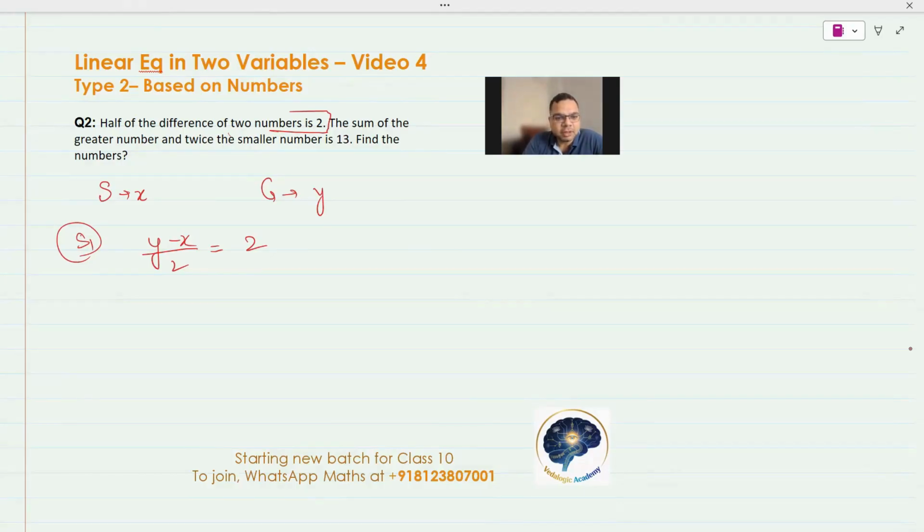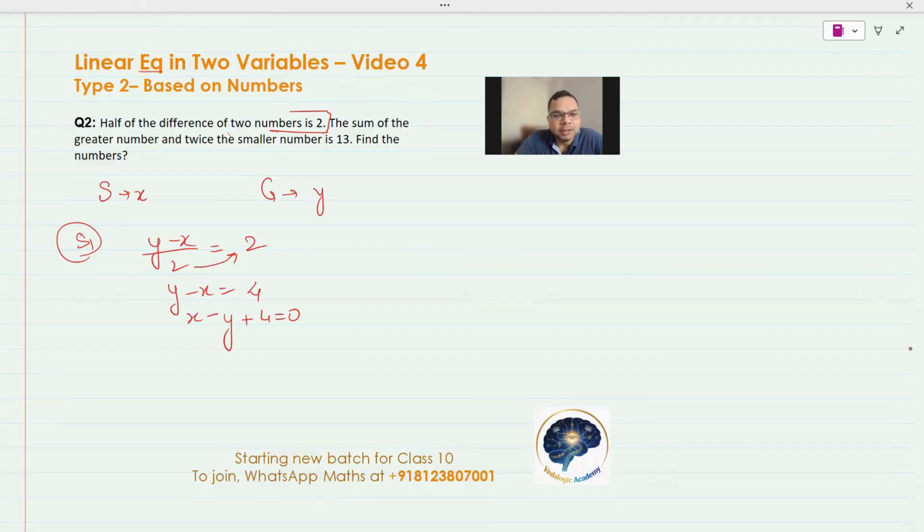Let me write it down clearly. y minus x, I'll take this 2 to the right hand side. It becomes multiplication, so 2 into 2 is 4. Or let me bring all of these to the right hand side because I like x to be positive. So x minus y, this x is also taken to the right hand side, becomes minus x, and plus y becomes minus y, plus 4 equals 0.